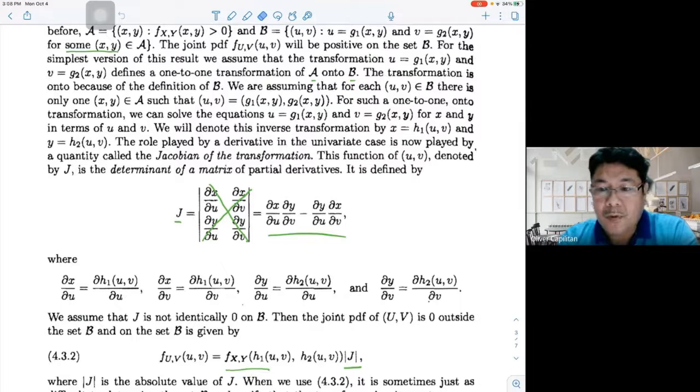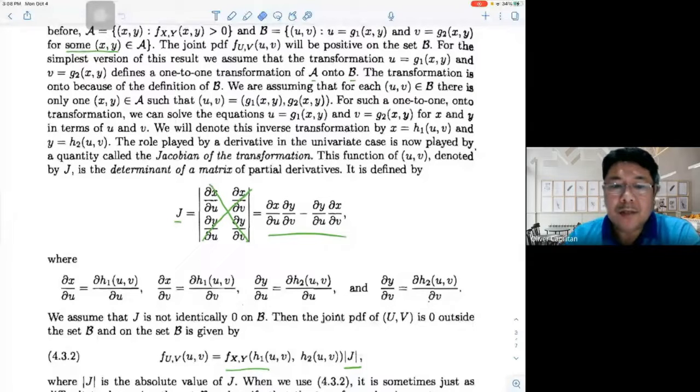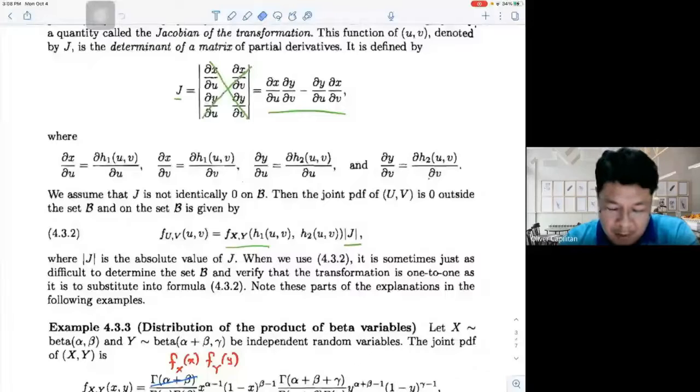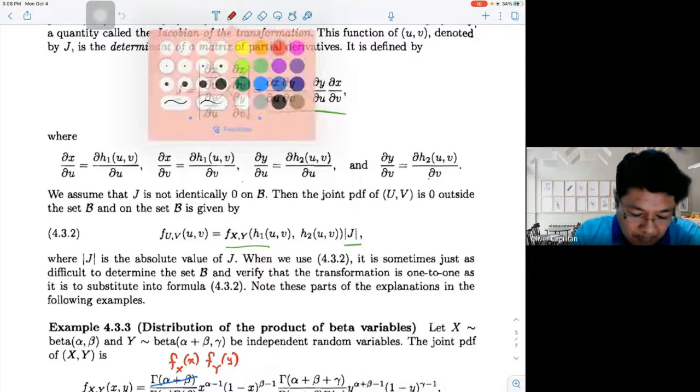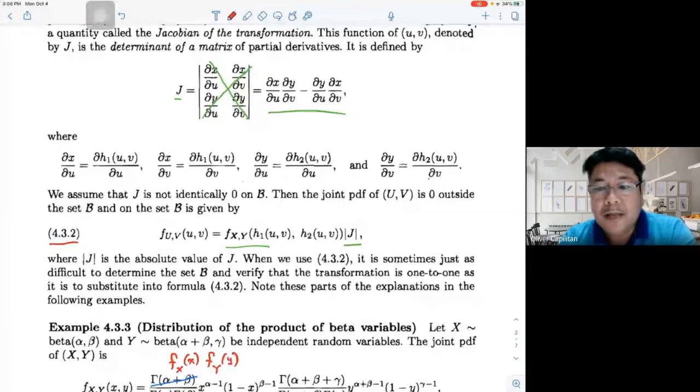Okay, since we only have a 2 by 2 matrix, it's easy to determine the determinant of this matrix of partial derivatives. Hence, the joint probability distribution function of UV can now be expressed in terms of the joint probability distribution function of XY, here in equation 4.3.2, times the absolute value of the Jacobian of our transformation.